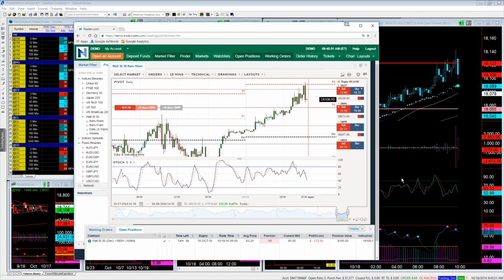And our strike price is right at that blue dot, and that really means we may not get our profit target.